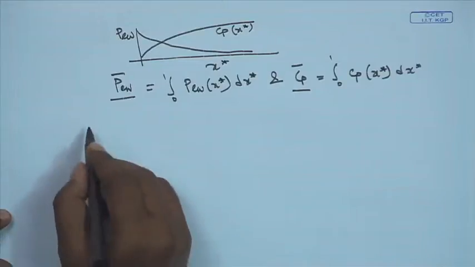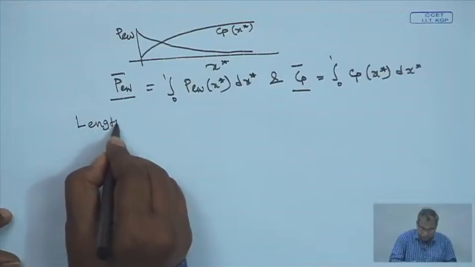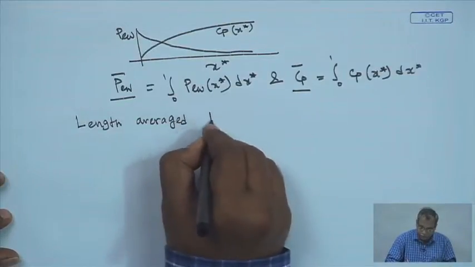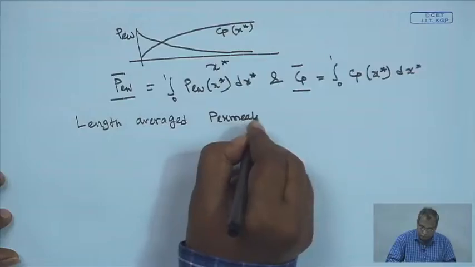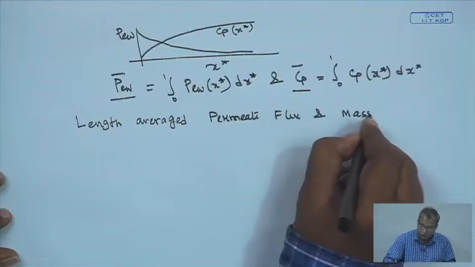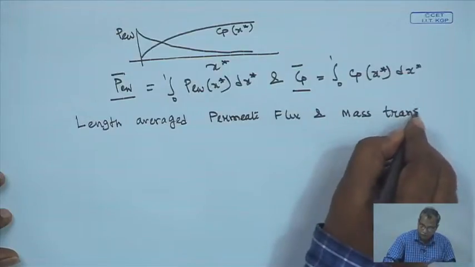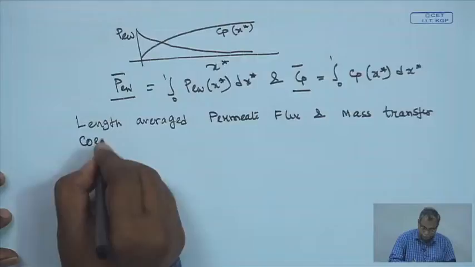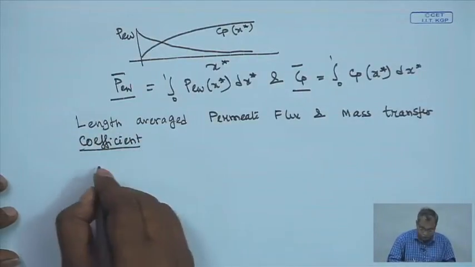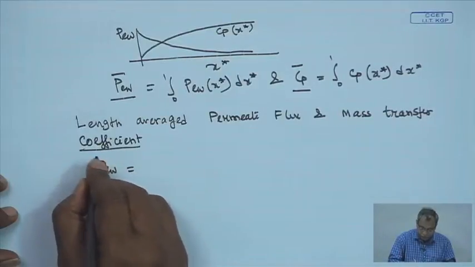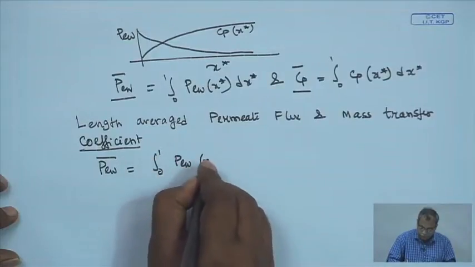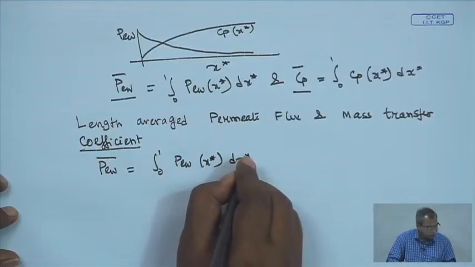So, let us look into the length average permeate flux and the evaluation of the mass transfer coefficient. So, length average permeate flux will be given as we have described here, integral 0 to 1 Pw of x star d x star.